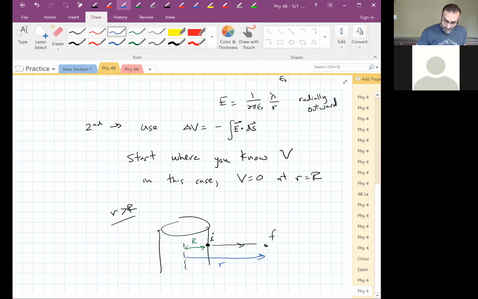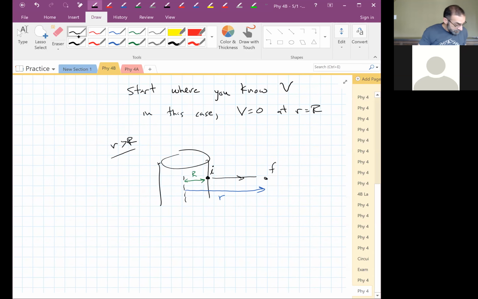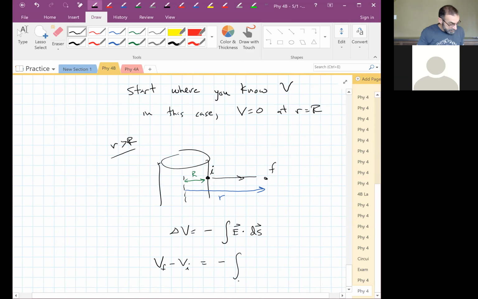So delta V, let's start, minus the integral, E dot ds. There's our equation. What is delta V? It's final minus initial. What is the electric field? It's our constant, 1 over 2 pi epsilon naught, lambda over r.